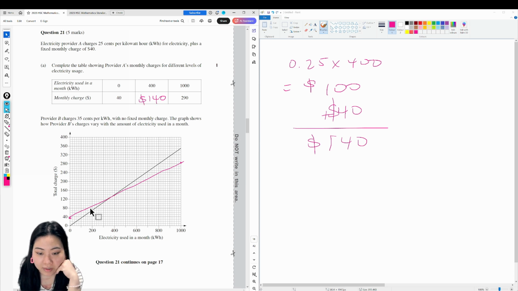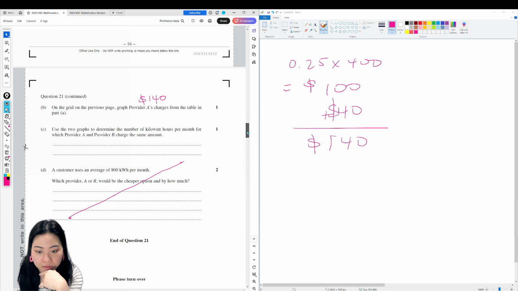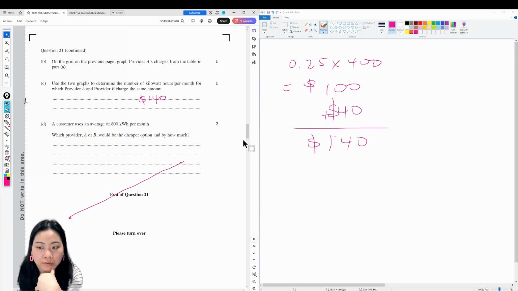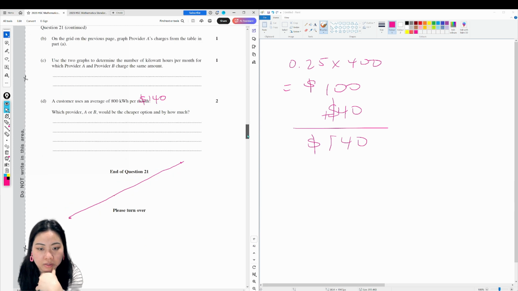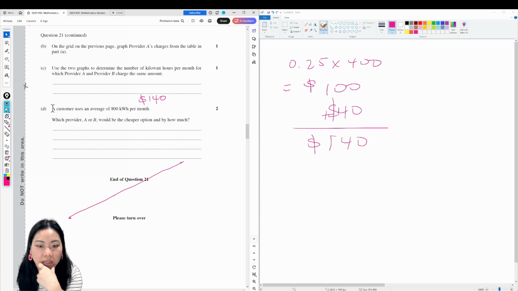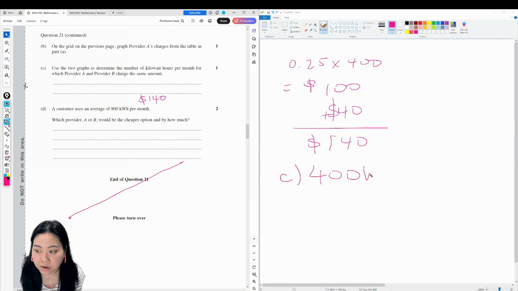I tried to get it back as much as I could, but it's pretty easy to see that at 400 kilowatt hours, they charge the same amount, which is $140. So to answer the question, that would be 400 kilowatt hours. And then D, I should write that down. They charge the same amount at 400 kilowatt hours.